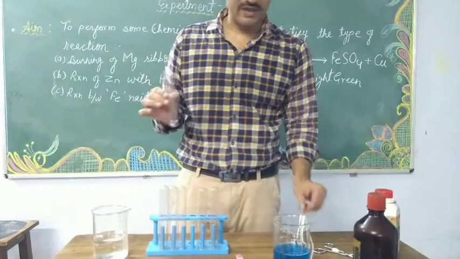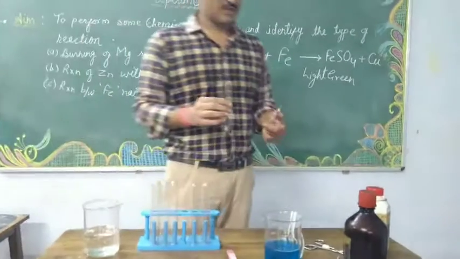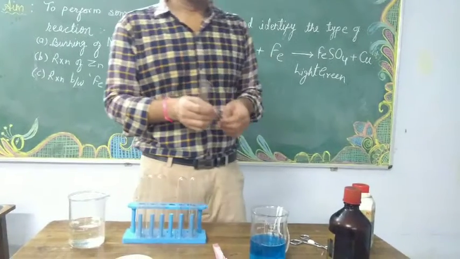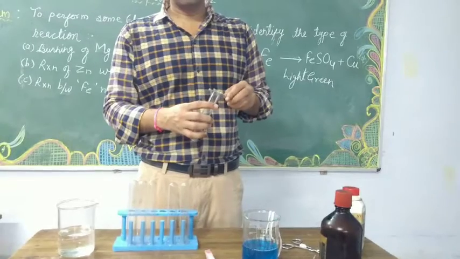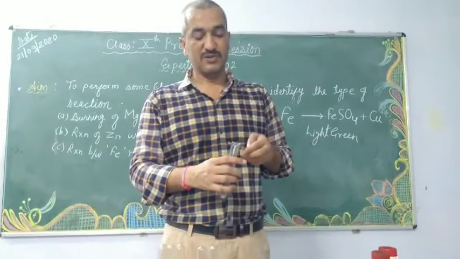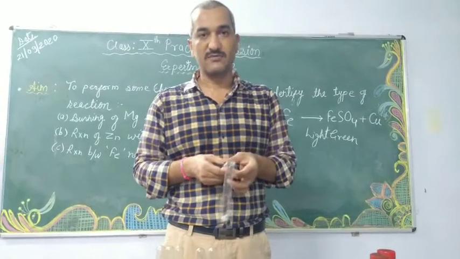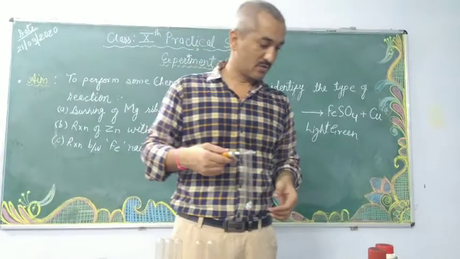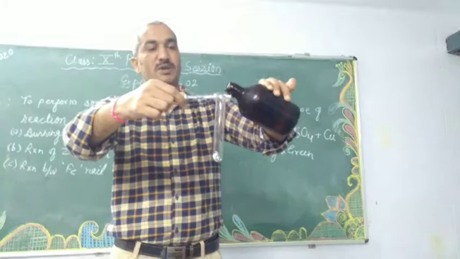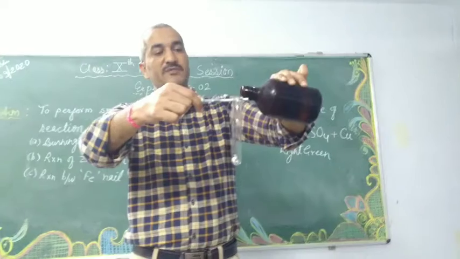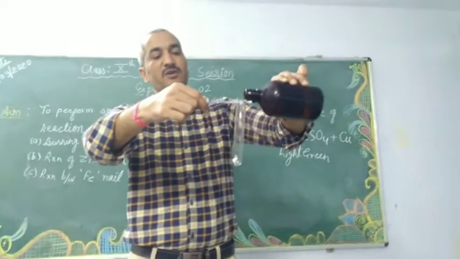Before handling corrosive chemicals, we should use the test tube holder, and at the time of heating also we should use test tube holders for safety. Okay, let's wait for some time. So I am adding dilute sulfuric acid, and watch what happened.